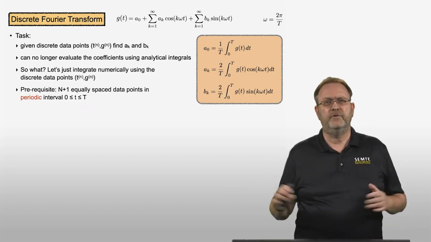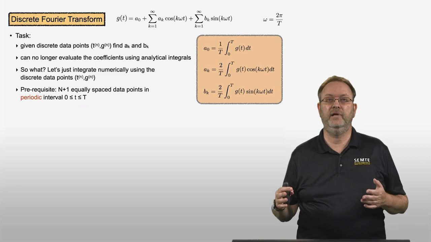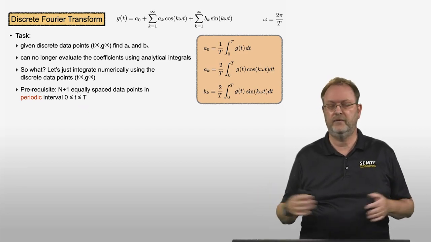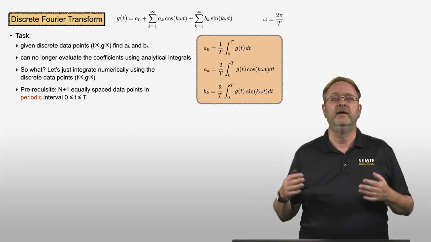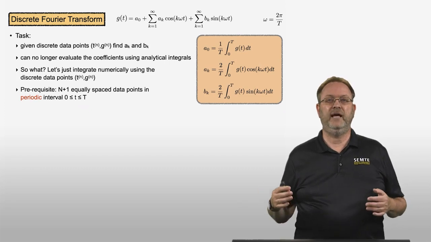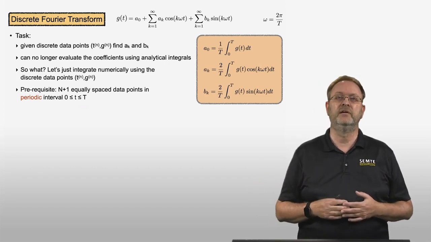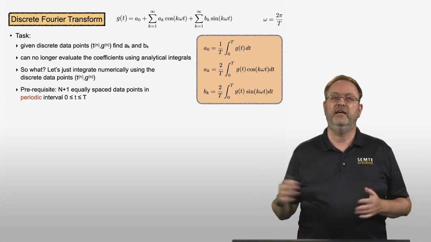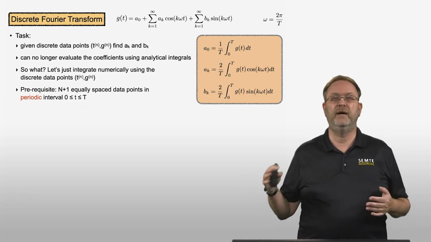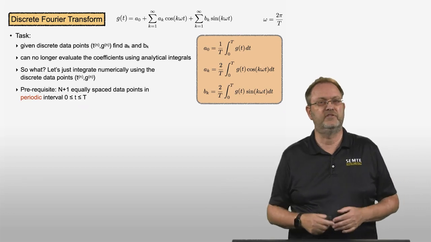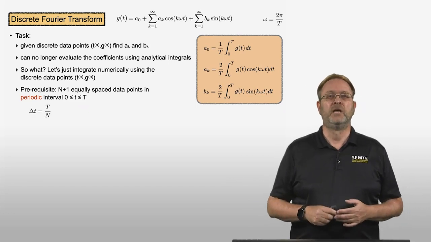Now there's a prerequisite for this to work, and the prerequisite for the formulas that we're going to derive is that we must have the data given at n+1 equally spaced data points in the periodic interval from 0 to uppercase T, and remember uppercase T was the fundamental period.